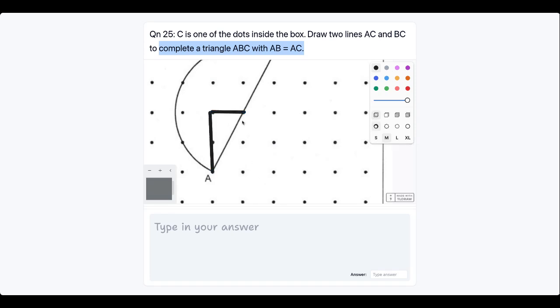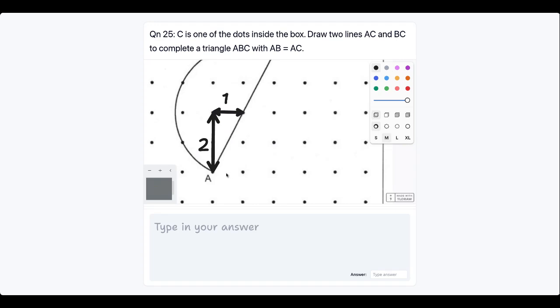So it's 2 lines from here. This is 2, and then this is 1.